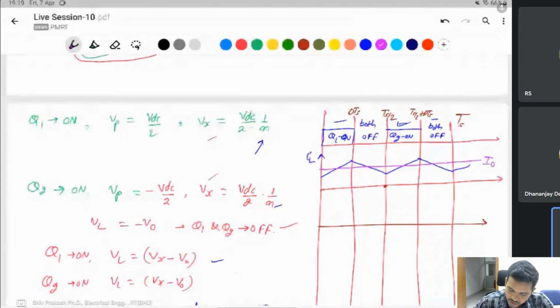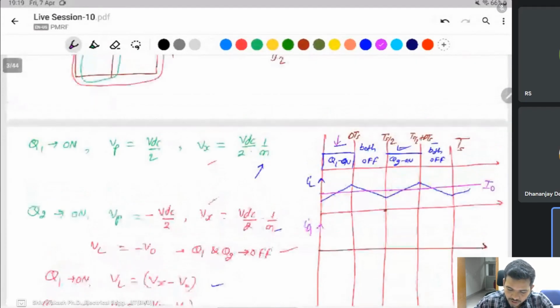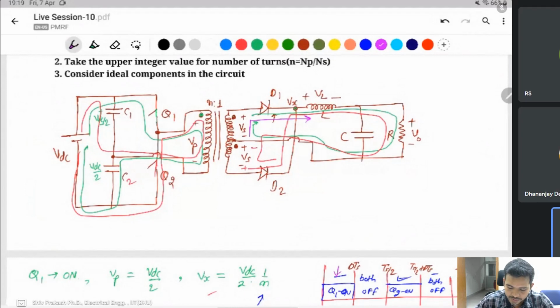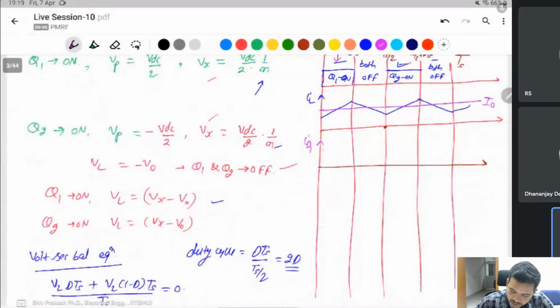For easy calculation I take ID1. When switch Q1 is on, the whole current passes through the diode. This one, ID1, is written as I0.